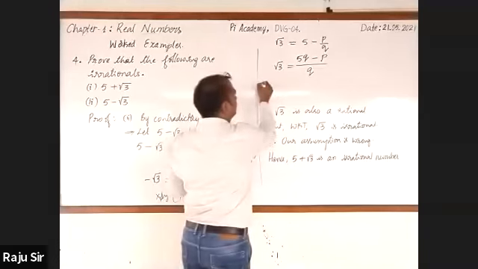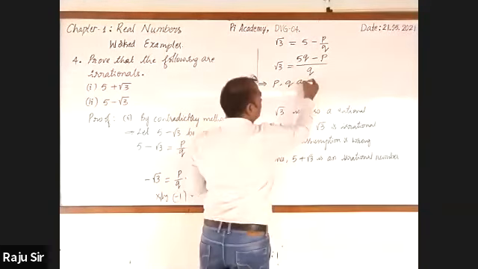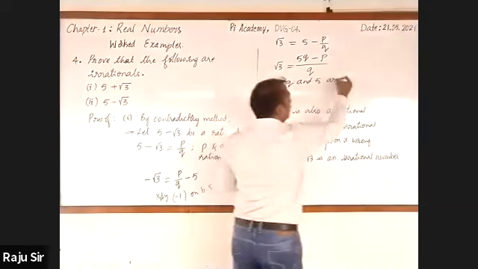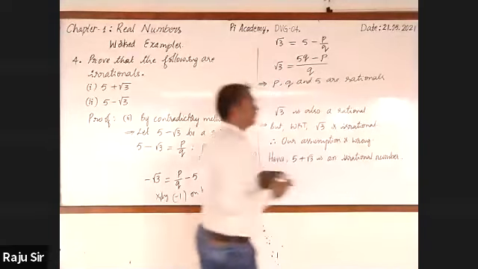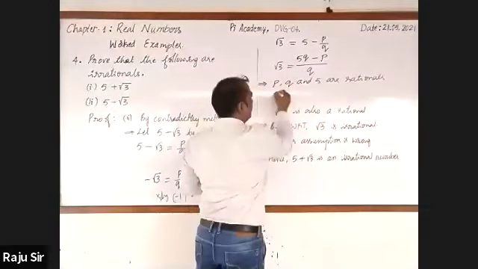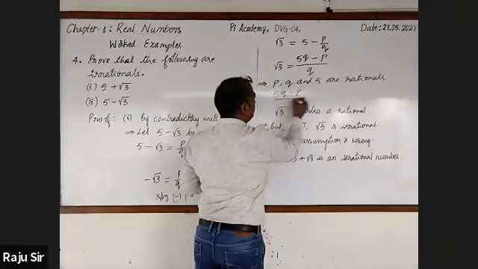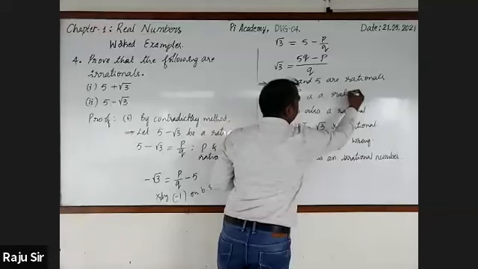Next. On the RHS side, we know that P, Q and 5 are rationals. If they are rationals, then 5Q minus P by Q is a rational.